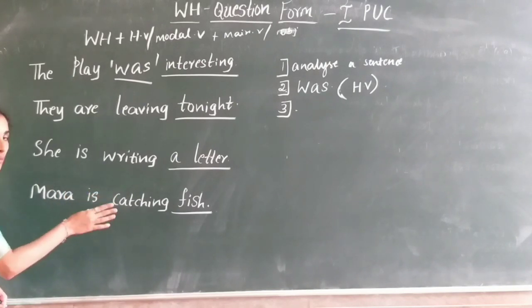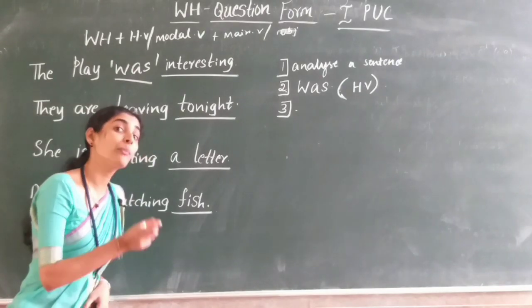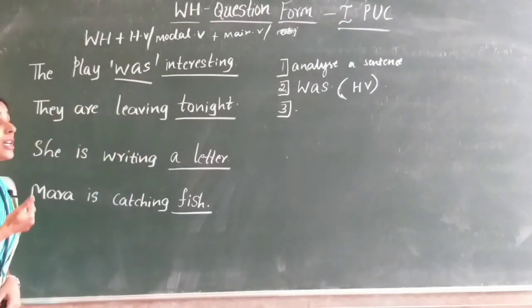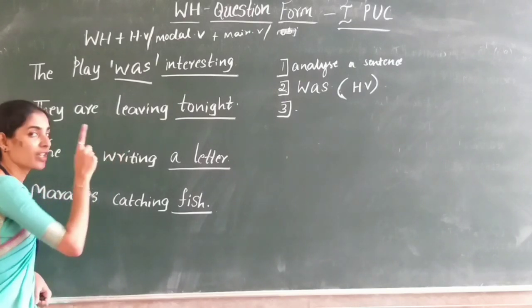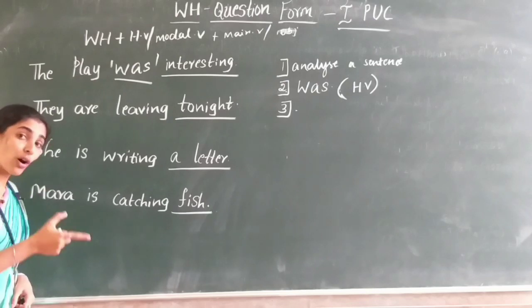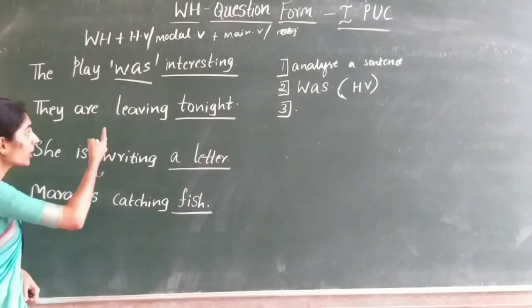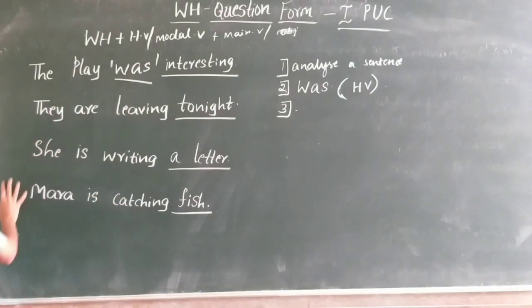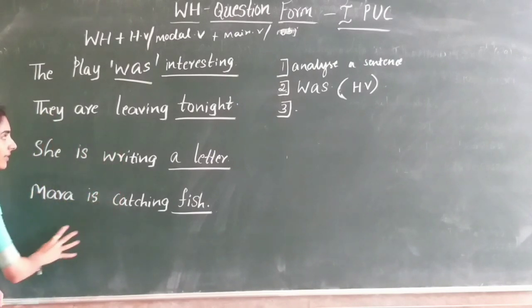You need not do much. In case you don't find any helping verb, then how do you frame a WH question? As I said, after WH there should be a helping verb or modal verb. In the sentences that I have written here, you can find a helping verb in all of them, right?